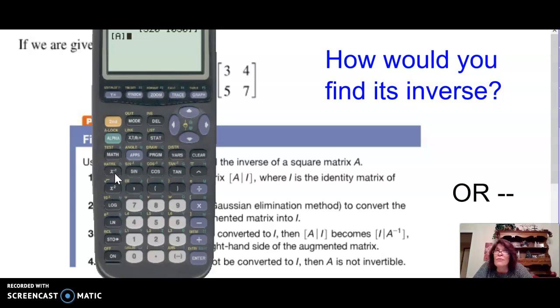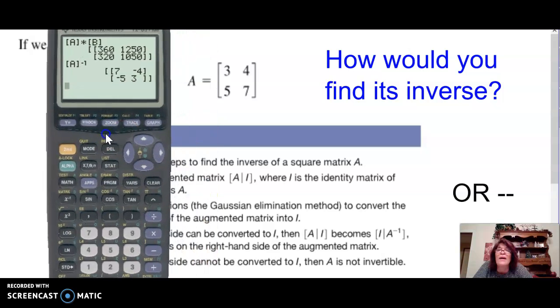What's the inverse of 3? 3 to the negative 1, which is 1/3. What's the inverse of A? A to the negative 1. I literally just click that button. Here's the inverse: 7, negative 4, negative 5, 3. Do you see that? So we can find the inverse just by using the X to the negative 1 button.